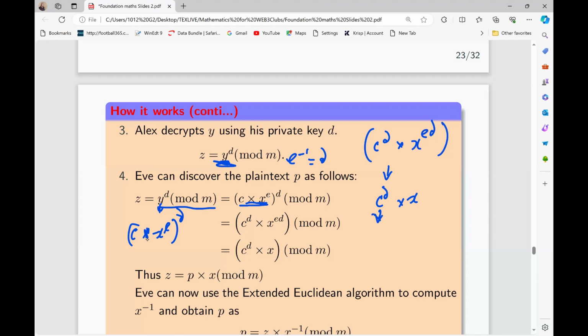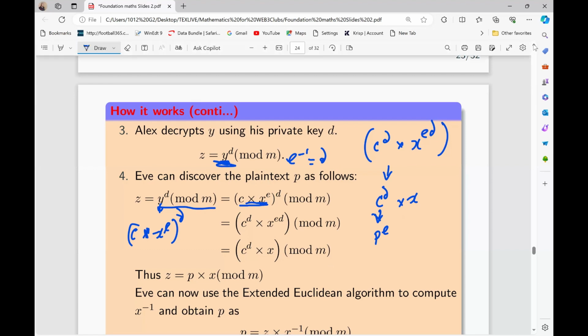What is C raised to D? Just going back, C is the ciphertext I had sent.